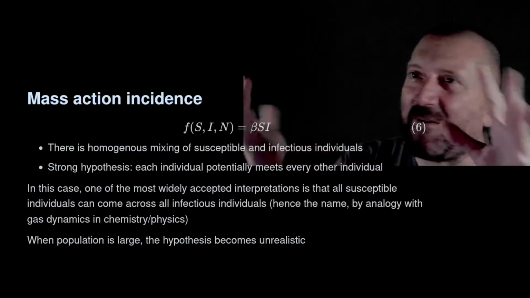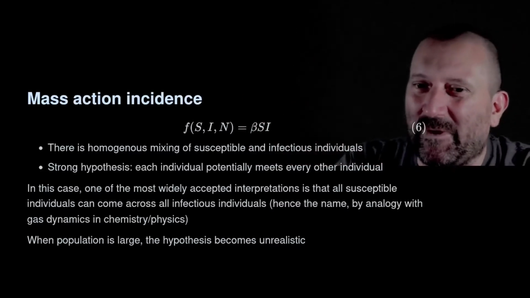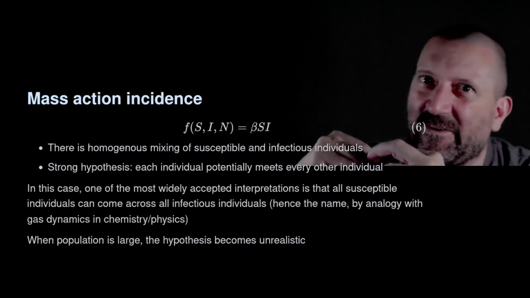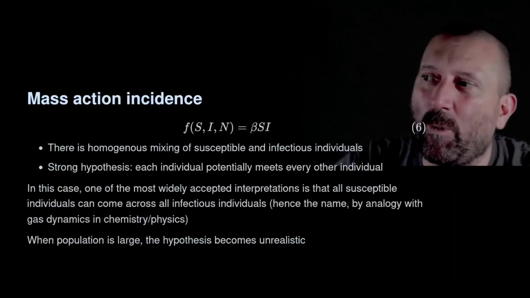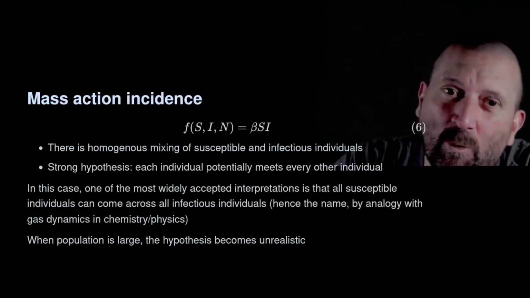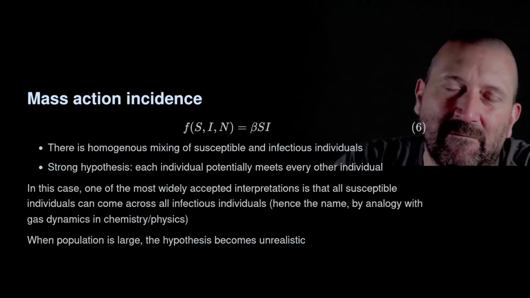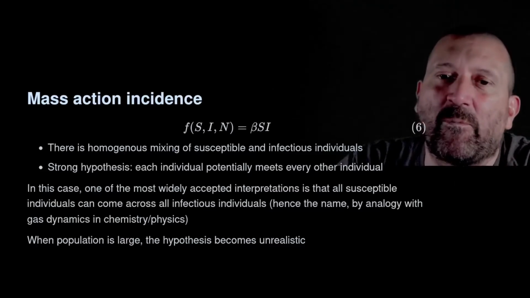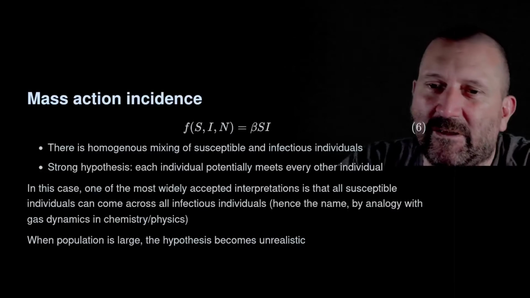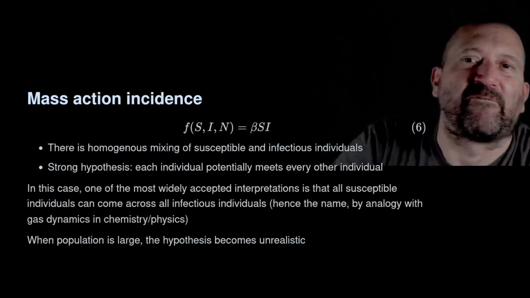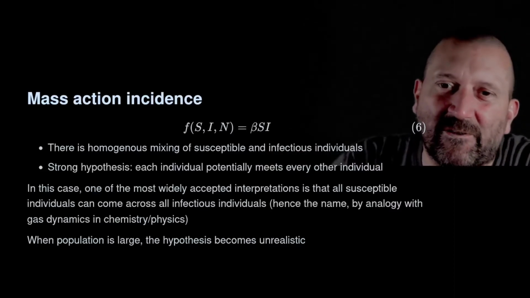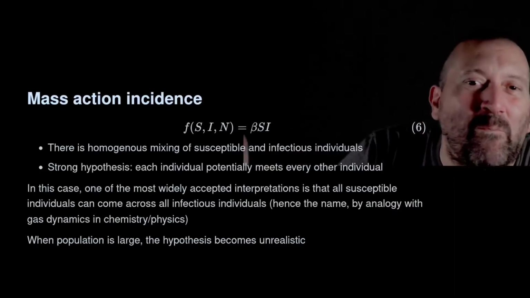So there's a lot of debate about this, but one interpretation you can make is that this is valid for small populations, because in a small population you can assume that yes, it is indeed true that every susceptible could come into contact with every infectious. Think about a classroom, for instance. Clearly everybody's in contact with everybody else at some point.